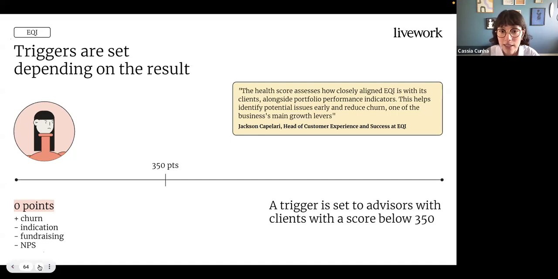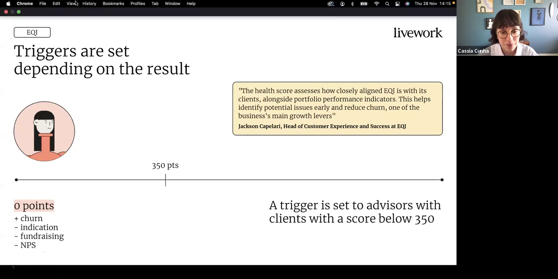So just to exemplify, they understood that for clients with scores below 350, this was a trigger that had to result in some actions. So that triggers advisors. So the advisors have to work with this client, understand what's going on, not only in their experience with AKE, but the portfolio performance, etc.